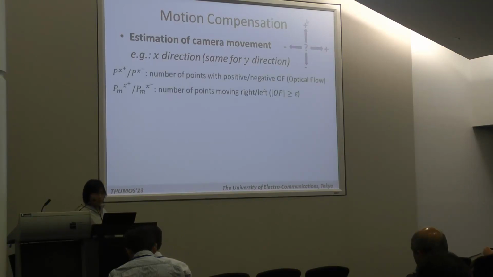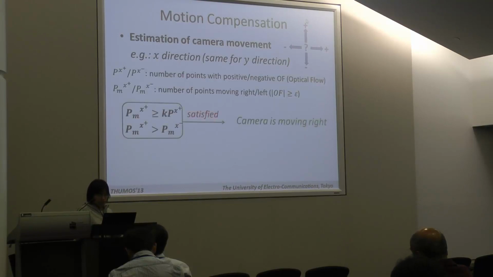We first count the number of points with positive and negative optical flow, and we then consider the points whose absolute flow is larger than or equal to a constant as moving points. If this condition is satisfied, the camera is considered to be moving to the right.